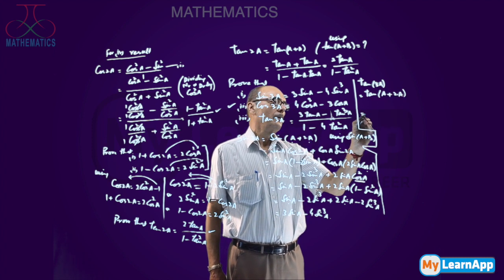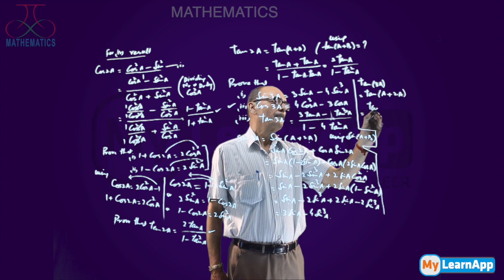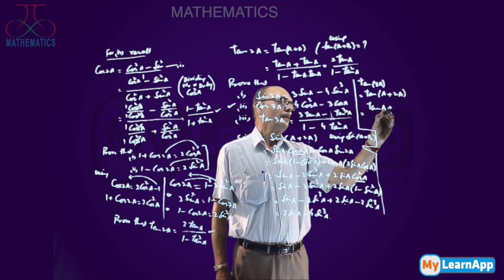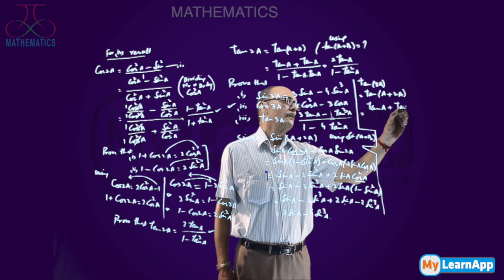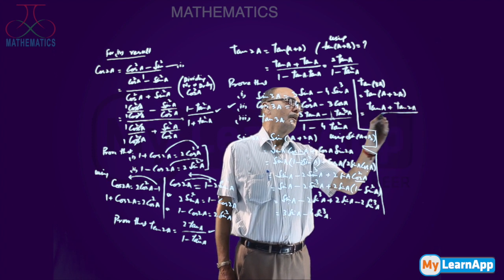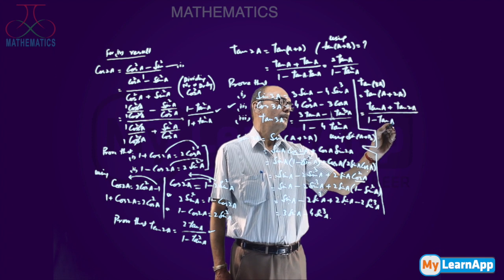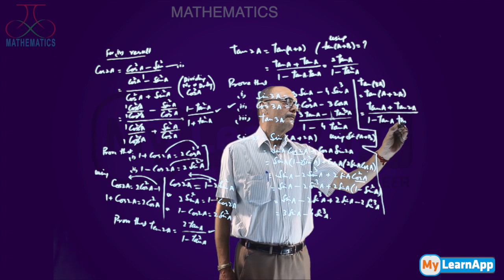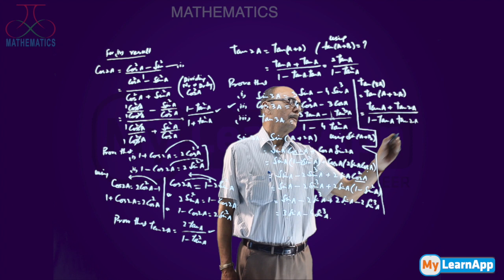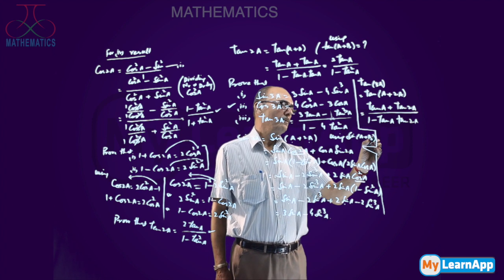This is tan of the first angle plus tan of second angle upon 1 minus tan of first angle into tan of second angle. Write down the formula for tan 2A.